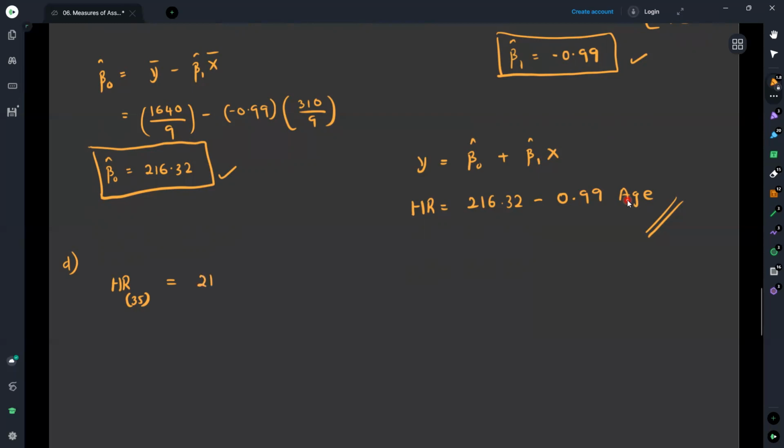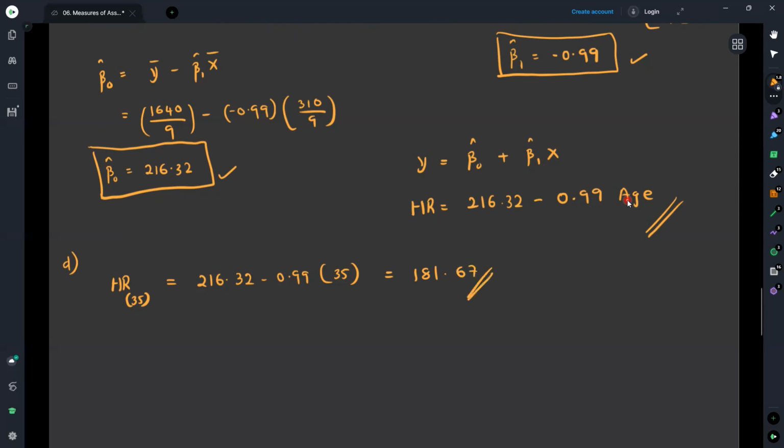Then we can do the substitution: 216.32 minus 0.99, and instead of age, we substitute the value 35. It is because they asked to compute the heart rate of a person having the age 35.